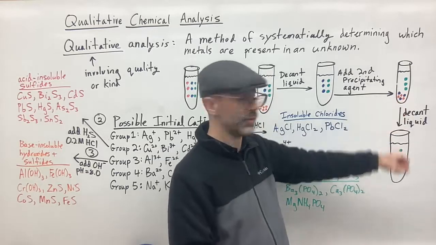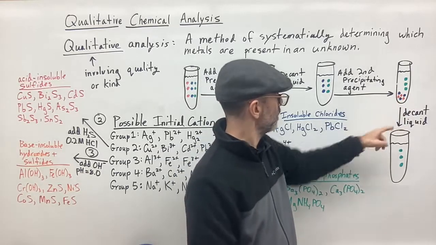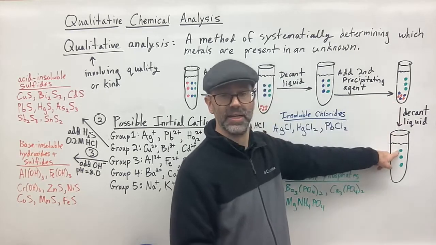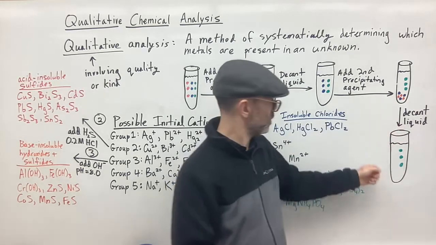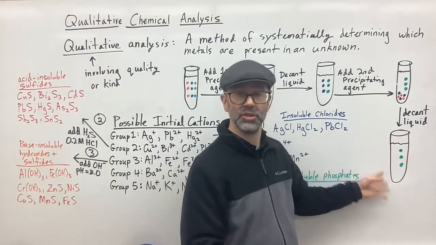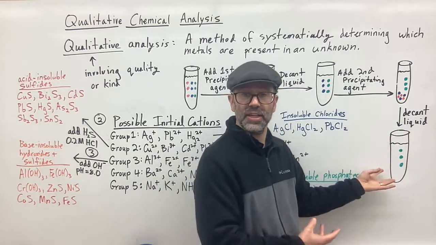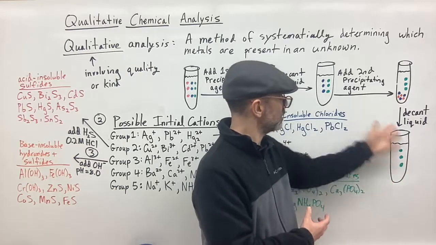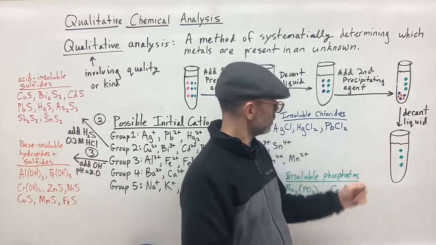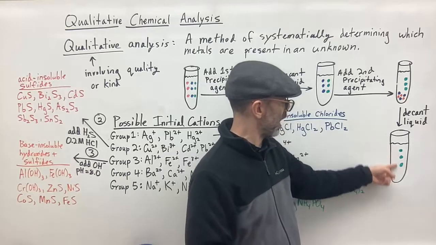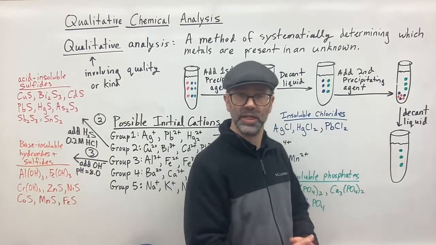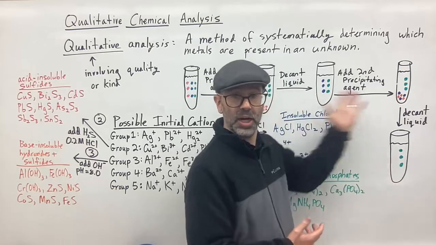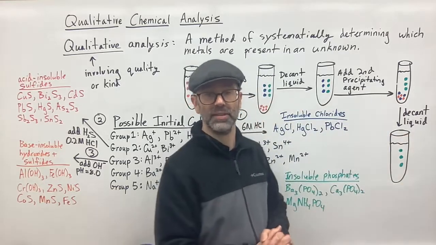I pour off the liquid, leaving the pellet behind. And now I have my supernatant. Supernatant is the fluid that's left behind, or that's decanted off. And so now you see that I have only my green cation left. So this is an example of qualitative analysis.